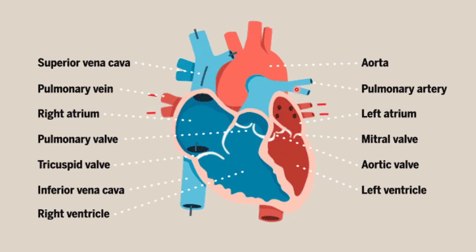Alright. So just remember the SUPA, superior vena cava, for the deoxygenated, and the exit is pulmonary artery. For oxygenated, the entrance is the pulmonary vein and the exit is the aorta. Okay? Alright, there we go. Very good.